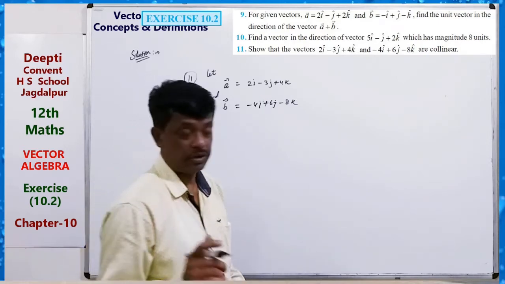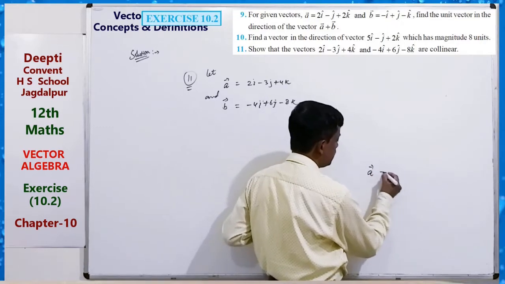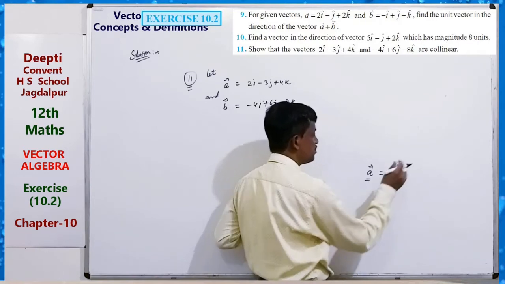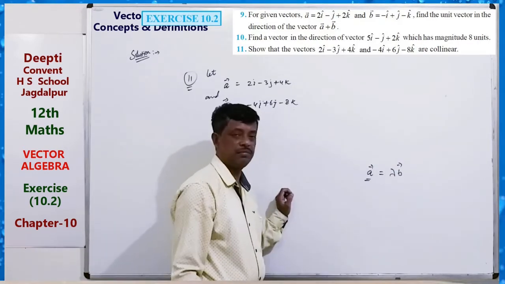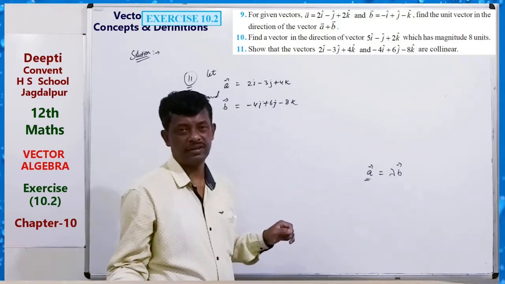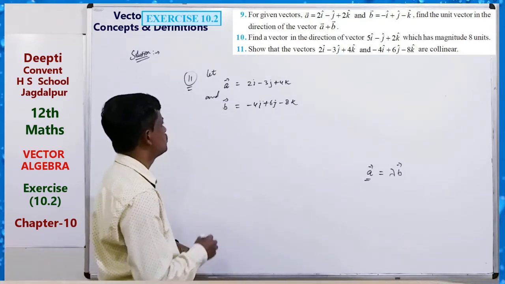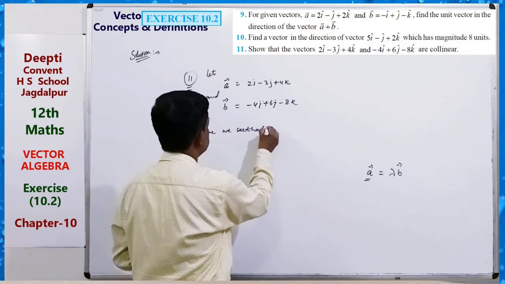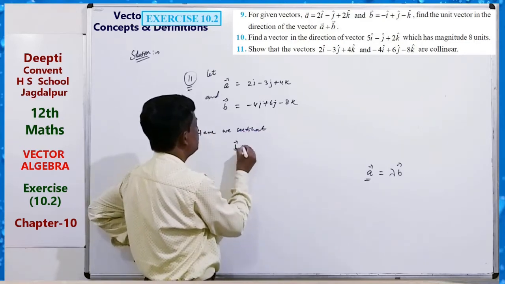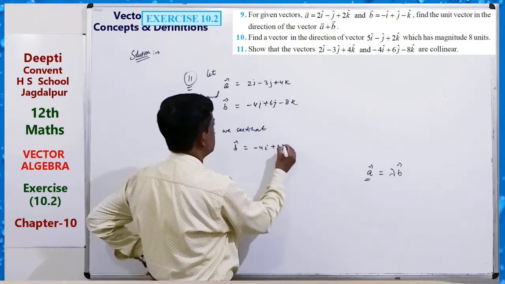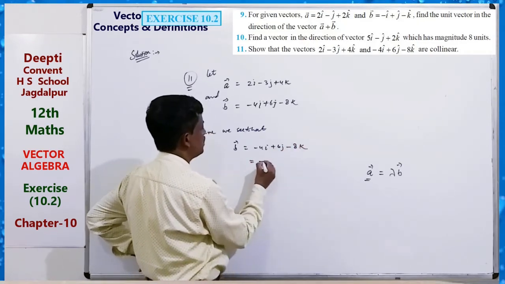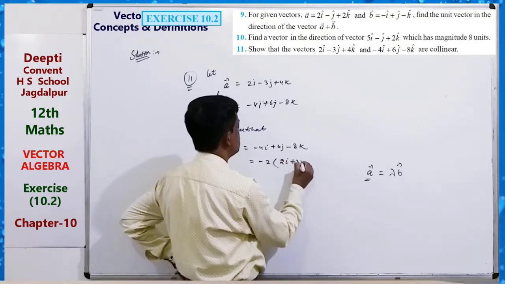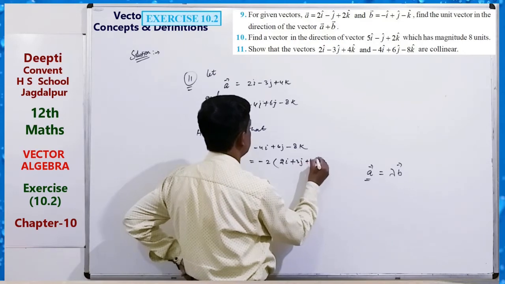We know that if two vectors are collinear, then we can write a equals lambda times b, meaning one vector is some constant multiple of the other. Lambda may be positive or negative, a scalar. Here vector b equals minus 4i plus 6j minus 8k.